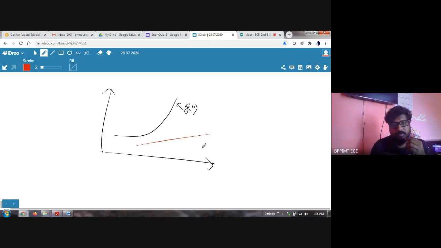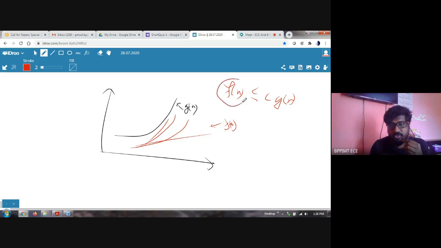A straight line, or some quadratic, or some cubic, whatever. But whatever functional graphs you have corresponding to f(n), those should always lie below g(n). That is what is meant by f(n) less than or equal to c times g(n).